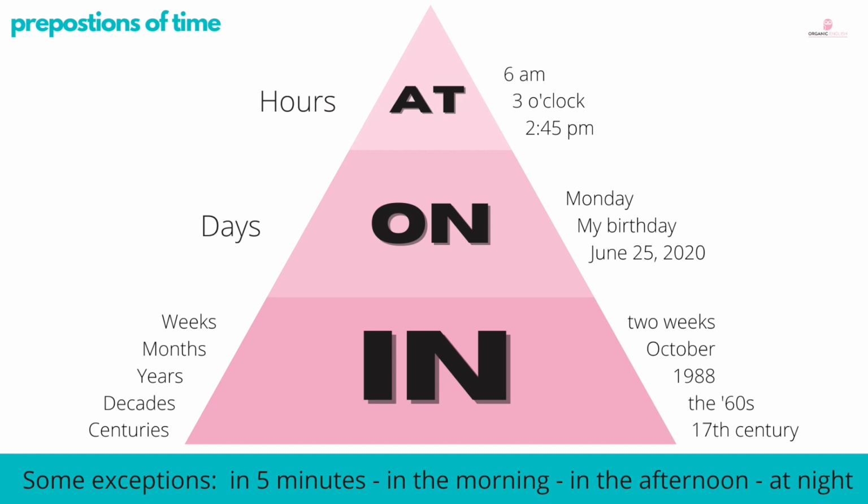Now, you might have seen an earlier lesson of mine, also to do with at, on, and in, but talking about time. And we used a triangle or a pyramid to help you remember how to use these 3 prepositions.